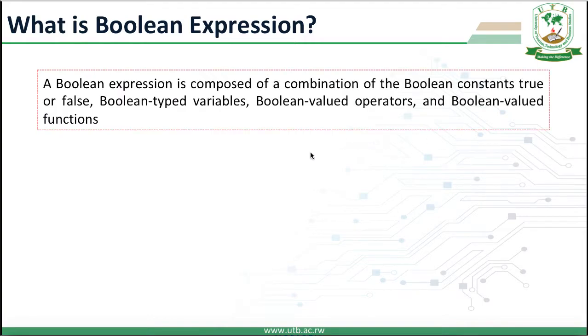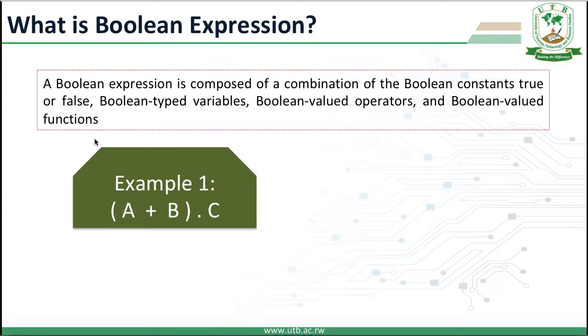A Boolean expression is composed of a combination of Boolean constants, true or false, Boolean type variables, Boolean valued operators, and Boolean valued functions. Let us understand this definition using an example.